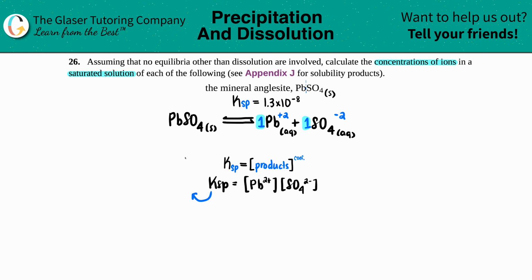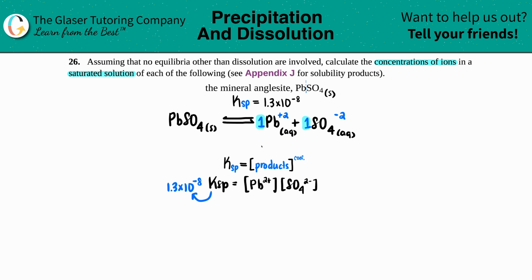The Ksp value from the back of the book is 1.3 times 10 to the negative 8th. But we don't know what these concentrations are, so we have to give a variable. A saturated solution just means that there are no common ions involved in the dissociation between these ions.